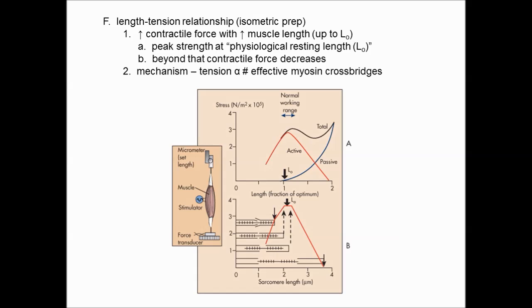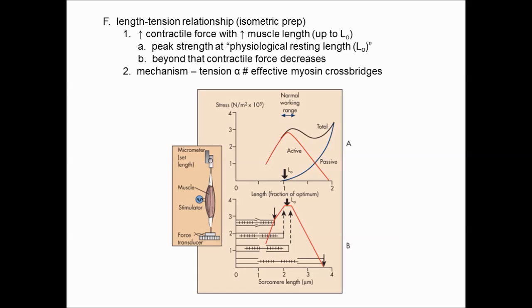Another very important mechanical feature of muscle is the relationship between muscle length and tension, the length-tension relationship. And this is studied in an isometric preparation. It has to be. And so you set the muscle at different initial lengths and stimulate it and see how much force it produces. And we use a little device like this.